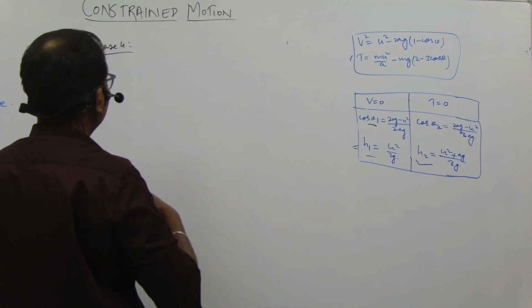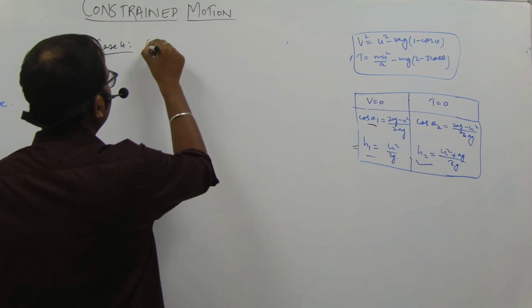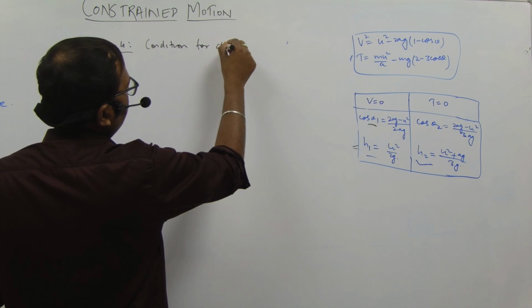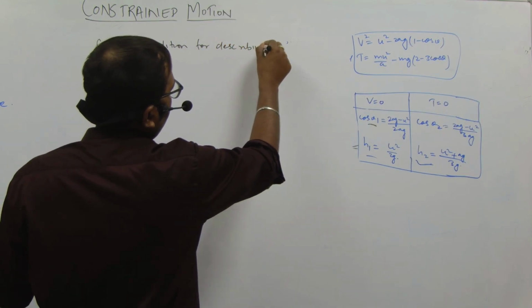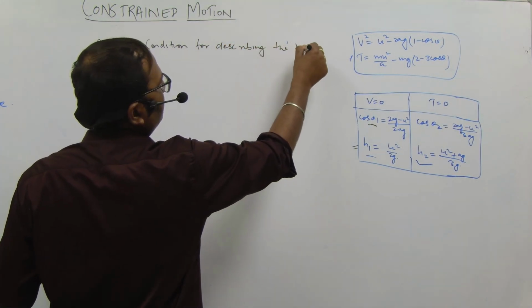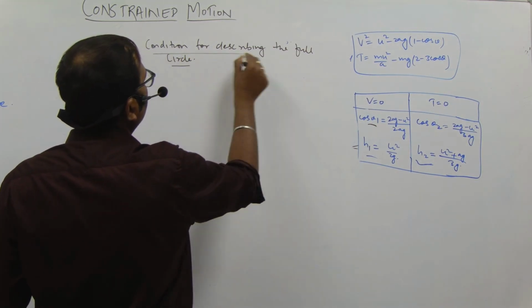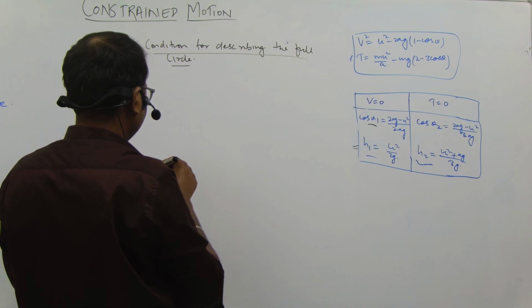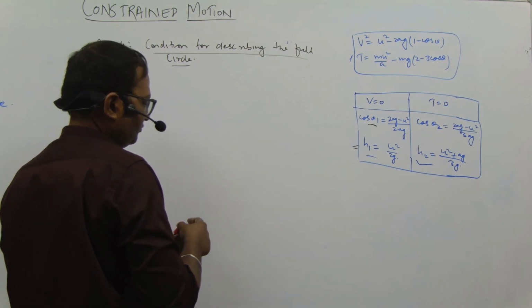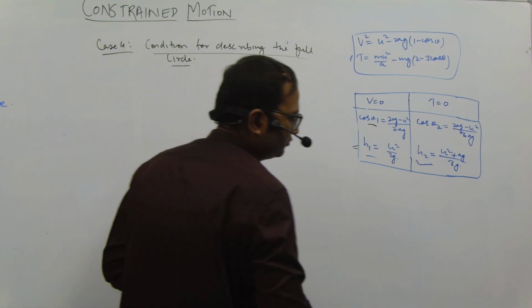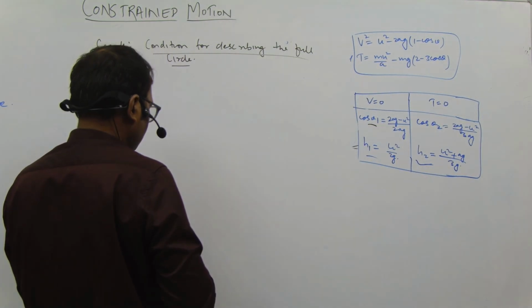What is case 4? Condition for describing the full circle.